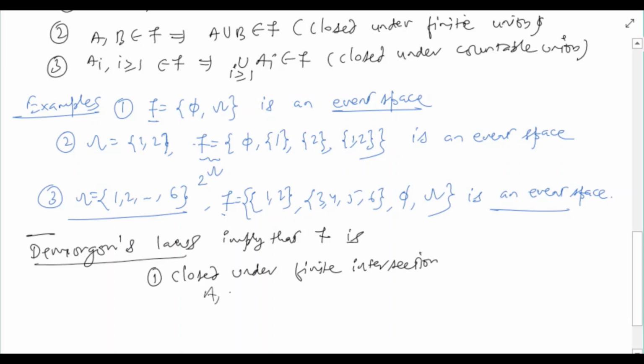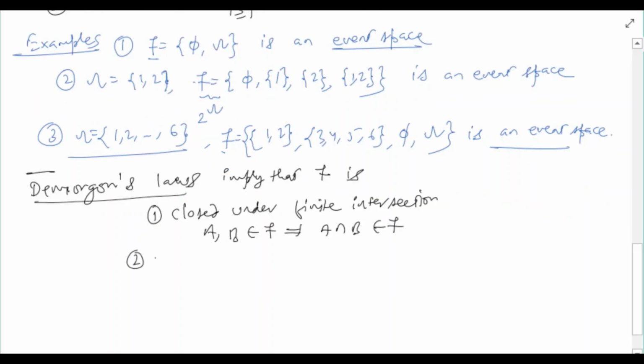That is, if A, B belong to F, then the intersection of A, B will also belong to F. F is also closed under countable intersection.